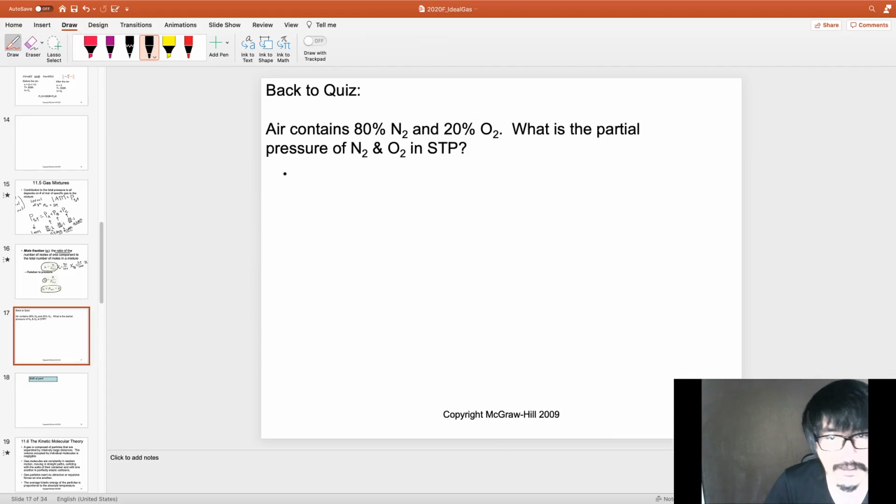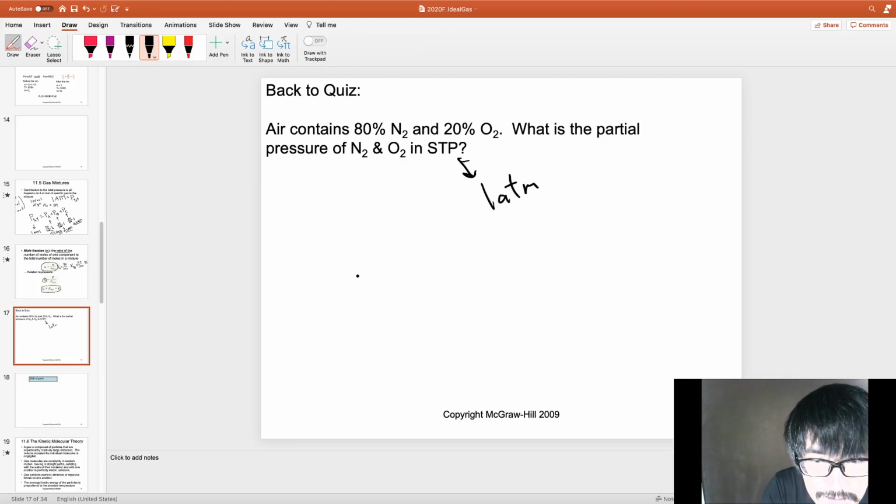Alright, then let's try a very basic problem. Air contains 80% nitrogen and 20% oxygen. What is the partial pressure of nitrogen and oxygen at standard temperature and pressure? Standard temperature and pressure means 0 degrees Celsius and 1 atm, so 1 atm is what we should care about.